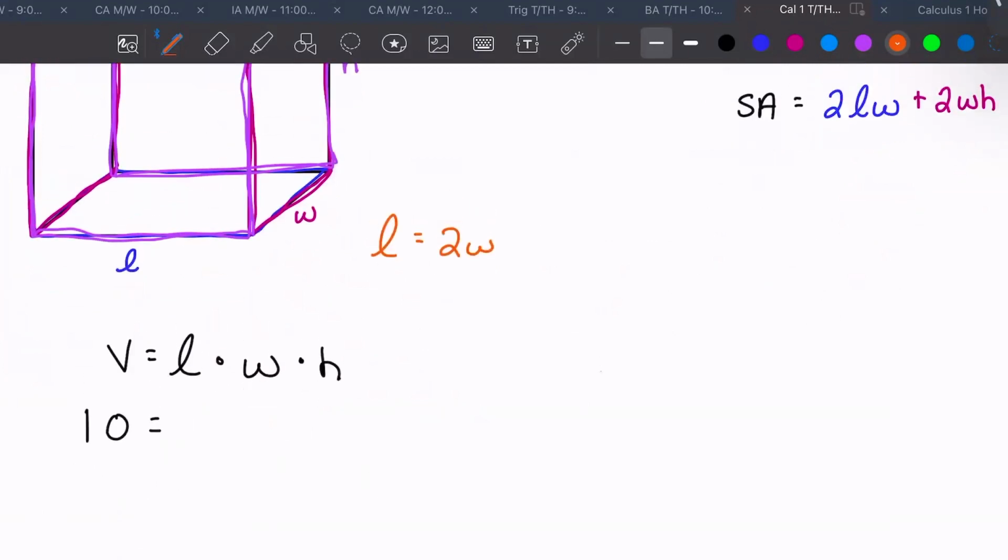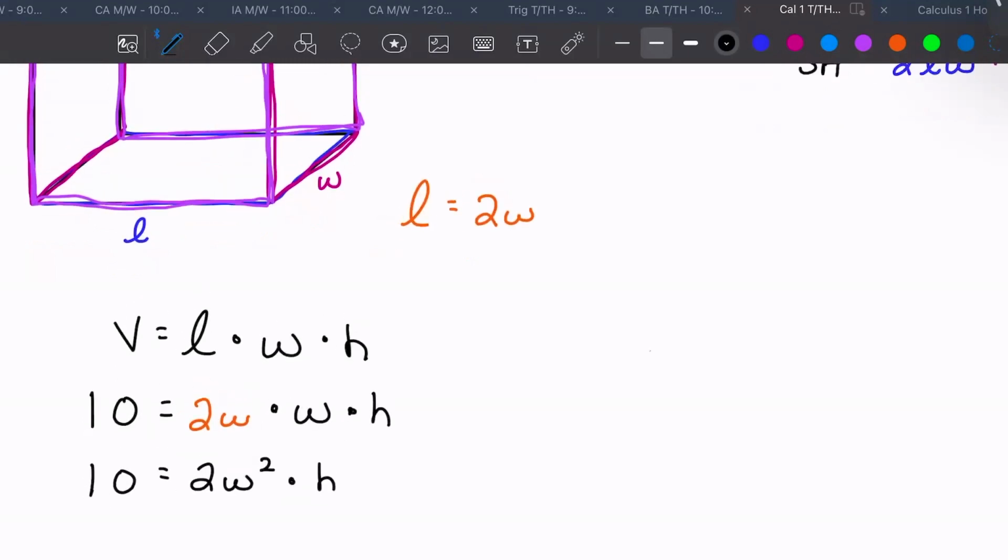So if I know that L is 2W, then I could plug it in here. And I could clean up. I could divide by 2W squared and get 5, right? 10 over 2 is 5, and W squared still in the bottom.